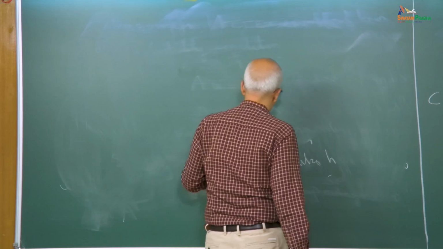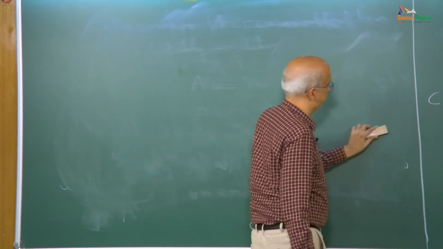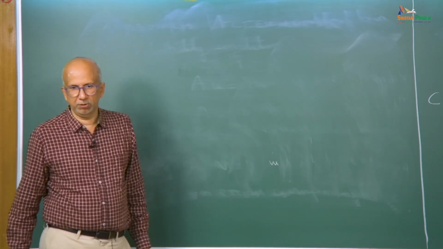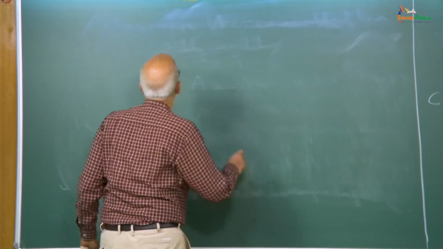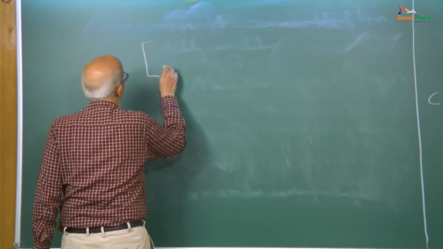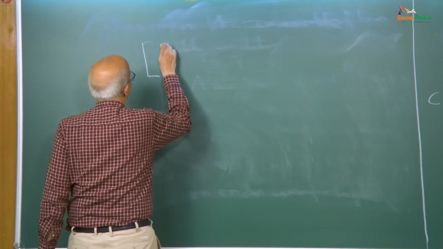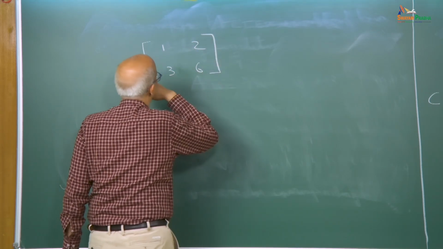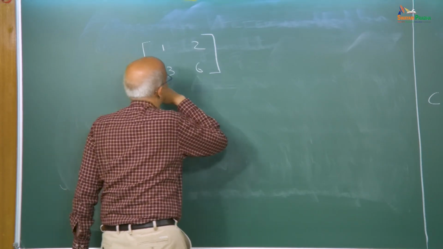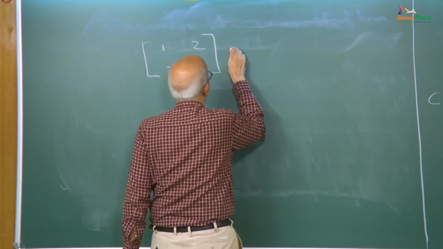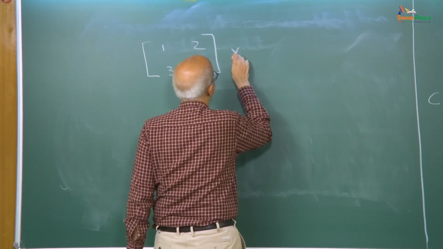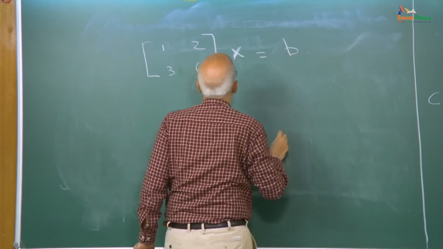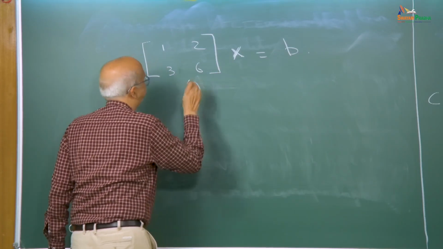Okay. Now, let us take an example to understand what this means. Take 1, 2, 6, this is my A, x equals B. This is my A matrix now.